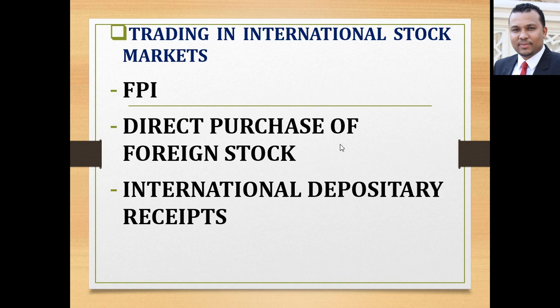Say I am Egyptian and I want to purchase foreign stock in the USA. I can search for a broker in my country, Egypt, to help me open an account for direct purchase.